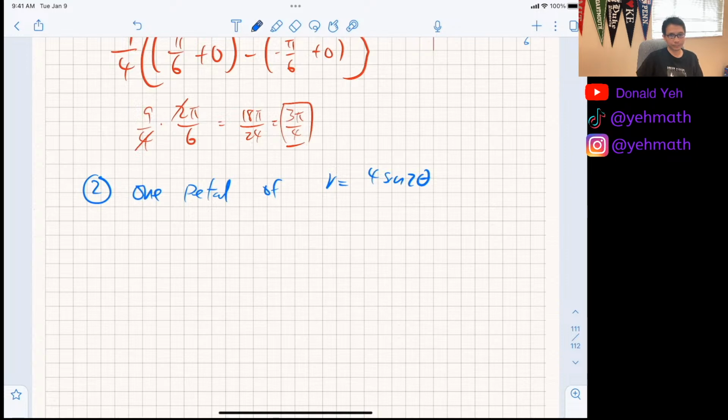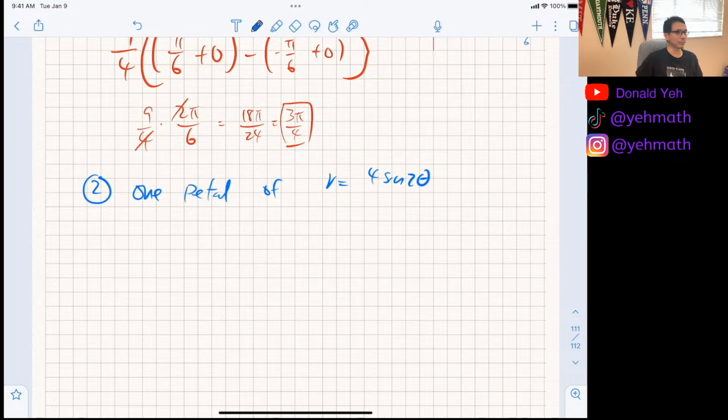So our range is from negative pi over 2 to pi over 2, say. I don't think that's right though, because it's not a 2 pi. It's a 2 theta, so you solve for 2 theta and divide by 2. 0 is one of them, so 0 to pi over 2.